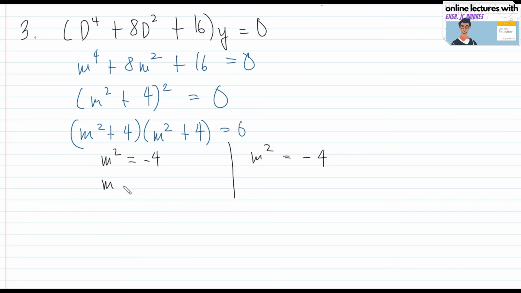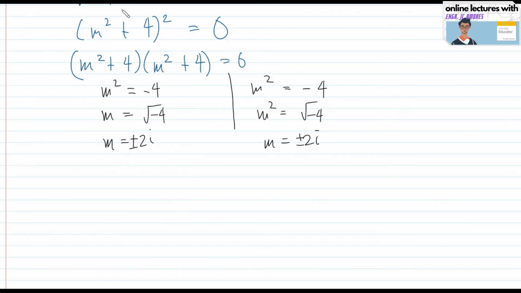So we'll have here m equal to the square root of negative 4, and that would be equal to 2i. So same here, m squared is equal to negative 4, and therefore m is equal to plus and minus 2i, because this is a square root. So we have here a combination of repeated and at the same time imaginary roots.